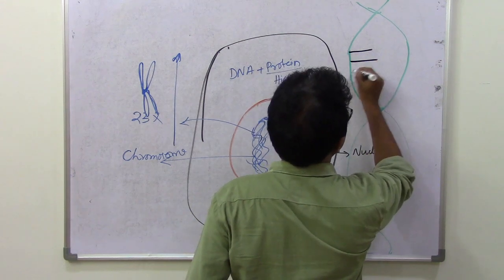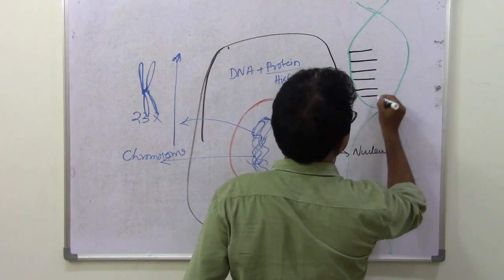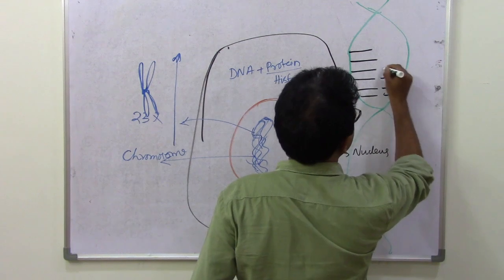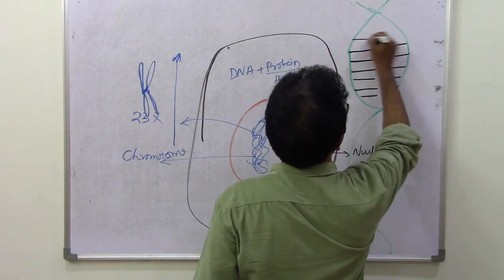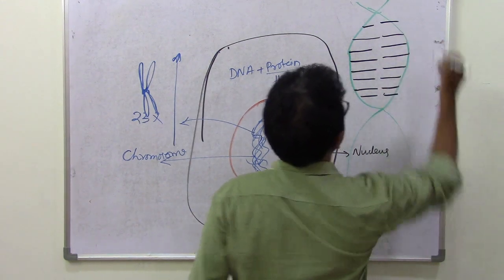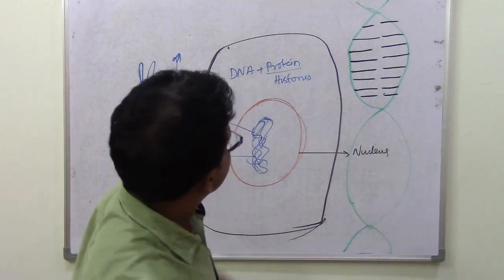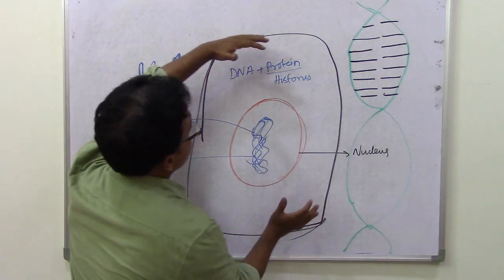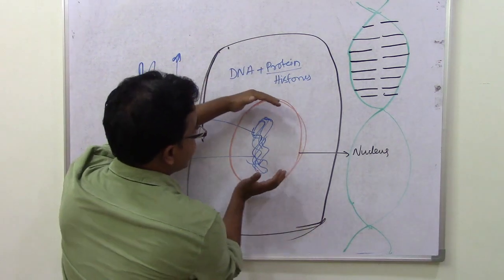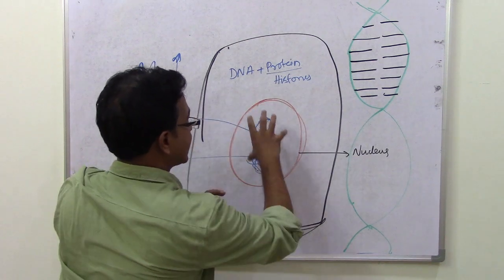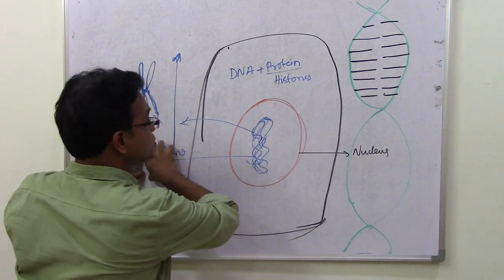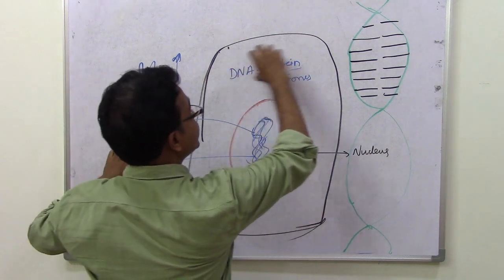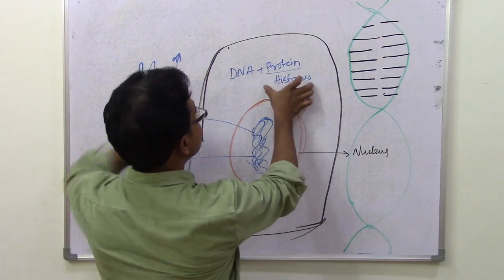Now, in the cell body we have the nucleus. The nucleus contains chromosomes. Chromosomes are made up of DNA plus proteins called histones.